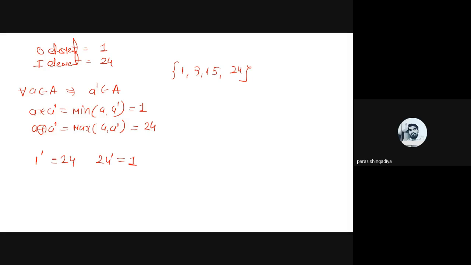And now the next number is 3 dash. So can we find 3 dash? Yes, reply with your answer. Can we find 3 dash? Yes or no?